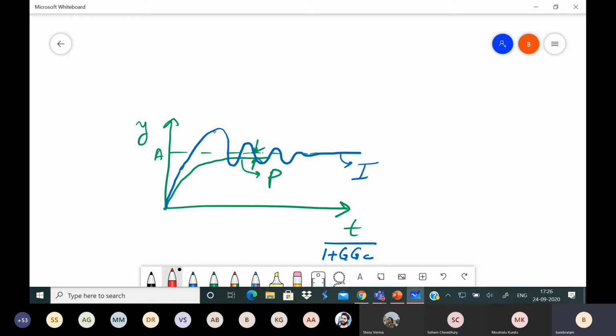In this I, your steady state error is 0, fine, but here this is called the overshoot value, this portion. It is high, and oscillation is also more. So derivative is used to reduce the overshoot value as well as the oscillations. This red you can think of as the effect of D. Okay, so these are their individual contributions.